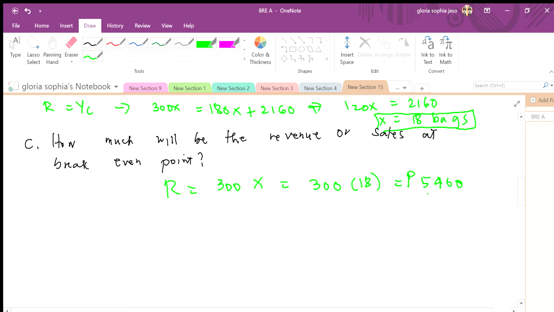So this is the BEP x value and this is the BEP y value, or the price.